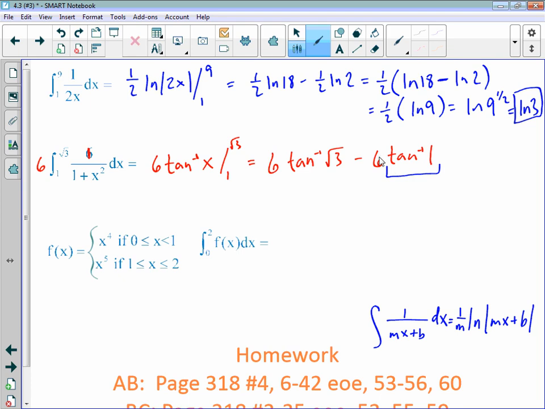You won't always have your calculator for this type of problem. So if we're doing inverse tangent, that means the tangent of what gives me 1. So tangent is sine over cosine, right? So if we want sine over cosine to equal 1, wouldn't they have to have the same value at that spot? So at what spot on the unit circle do they have the same value? Pi over 4. So our answer here is pi over 4 because that's what fills in that blank. Does that make sense? So really back here we've got minus 6 times pi over 4.